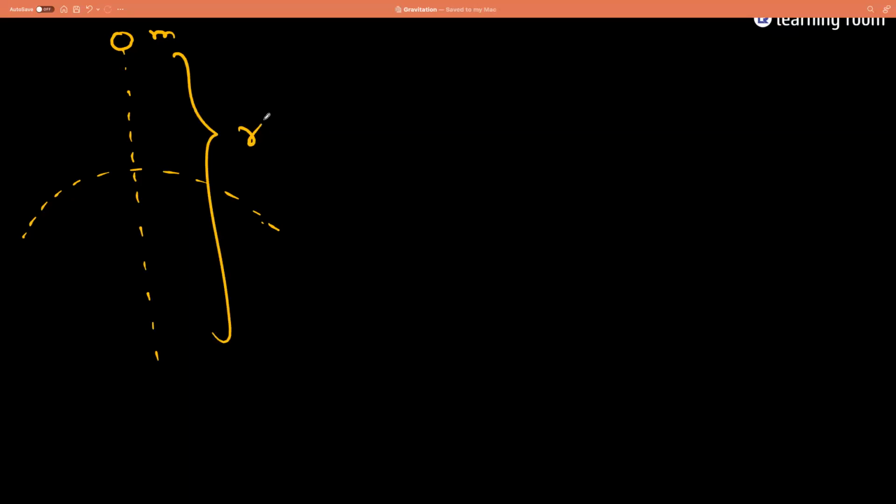I have the earth present here. There is an object of mass m which is placed at a distance r from the center of the earth. And this is the radius.